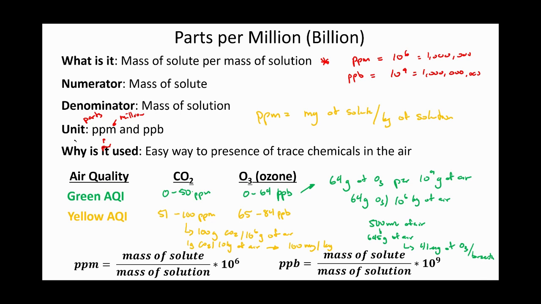And so when we're looking at CO2 in each breath of air, the CO2 contribution of that is 0.0645 grams of CO2, or 64.5 milligrams of CO2. And so that's our parts per million and parts per billion.